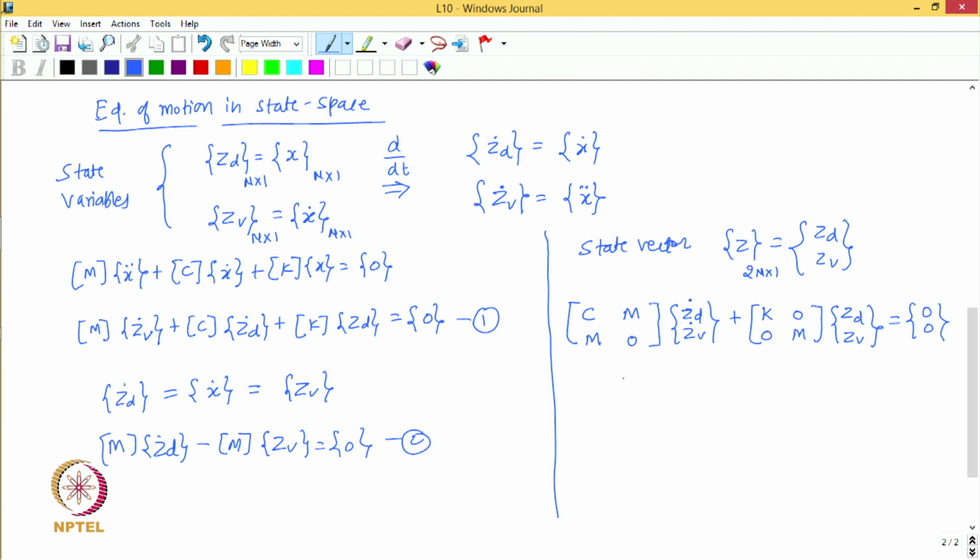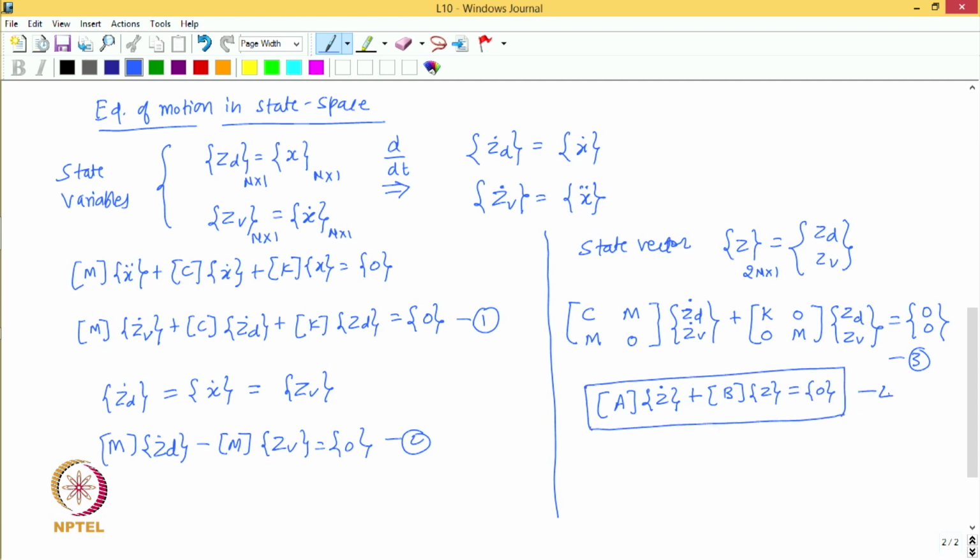So, we can see this equation number 3 is equivalent to equations number 1 and 2 because it has been obtained by combining those two equations. Let us represent this coefficient matrix as matrix A, and this is nothing but the state vector Z dot, and let us call this matrix B, and this is nothing but vector Z. So, we see that we can represent equation 3 symbolically in the form of equation 4, right.